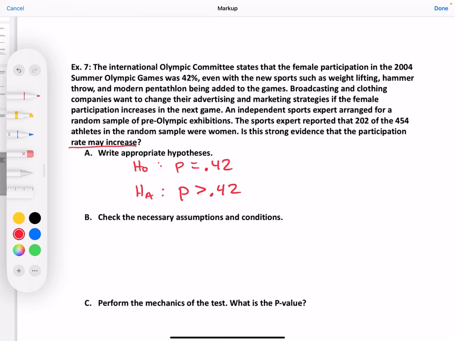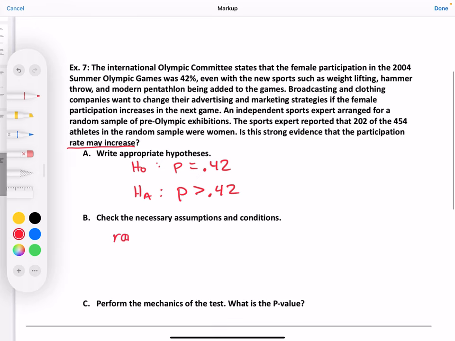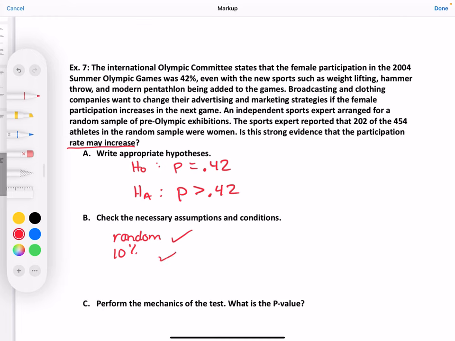So then conditions, is it random? Yes. 10% condition. Yeah. And success/failure, is it going to be greater than 10? Yeah.